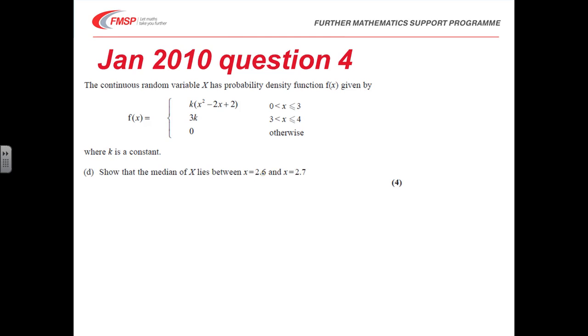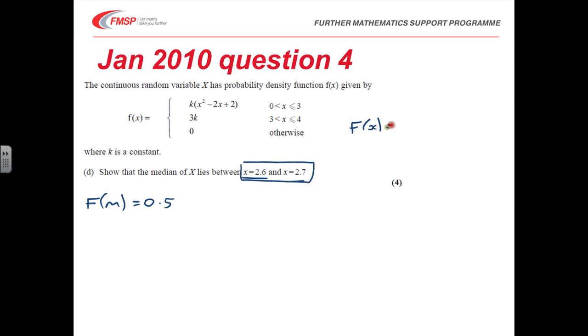We're then asked to show that the median lies between 2.6 and 2.7. So I know that big F of m equals 0.5 is a definition of the median. Now we've worked out big F of x, and I'm dealing only in the interval between 2.6 and 2.7.